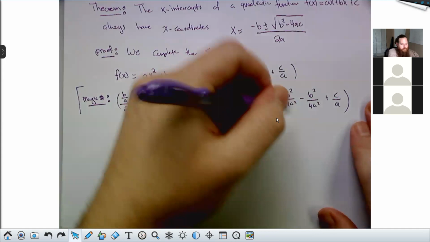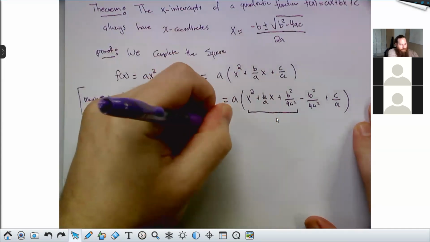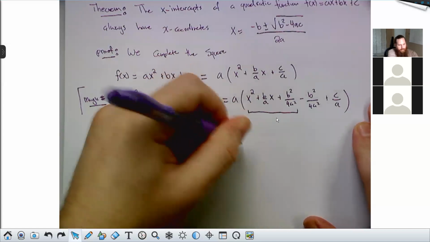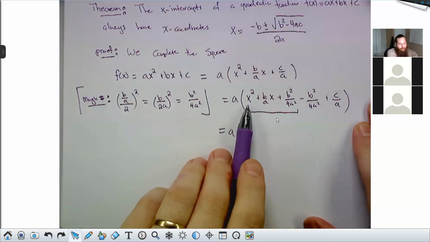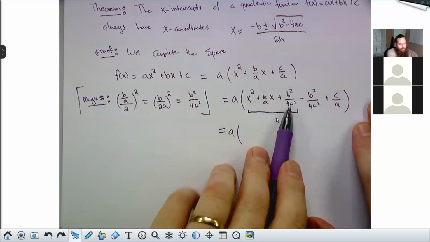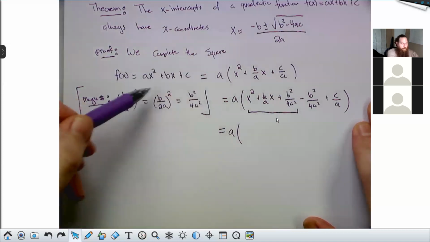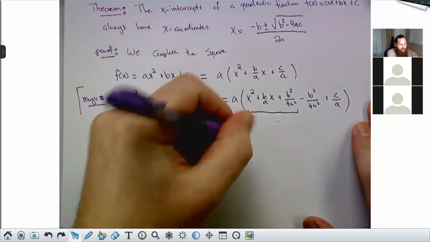And then I take these first 3 terms here and I factor them as a perfect square. So x squared plus b over a x plus b squared over 4a squared, that factors, and the rule is always it'll factor as x plus or minus one of those two, depending on the sign in here.